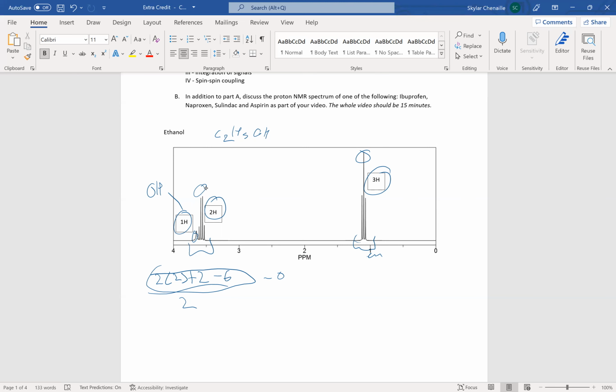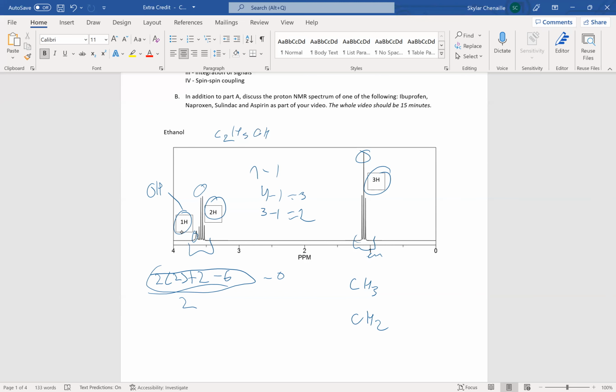If we use the n minus 1 rule, 4 minus 1 equals 3. So we have one CH3 group for sure, because that's going to give us that quartet. Then this is a triplet, so we'll use n minus 1 again, which is 3 minus 1, equal to 2. So we'll probably have a CH2 group in there.